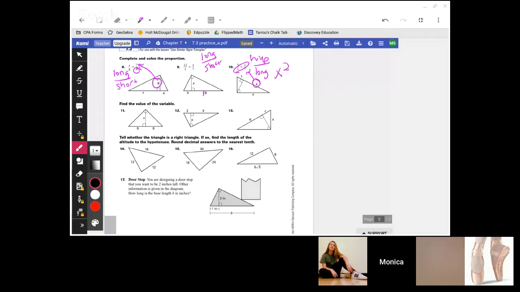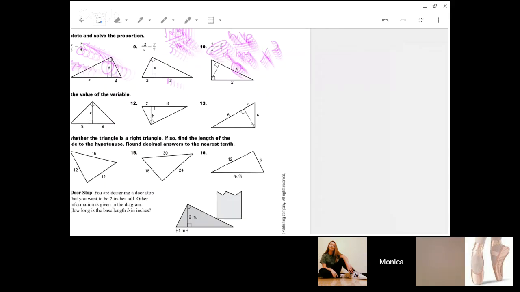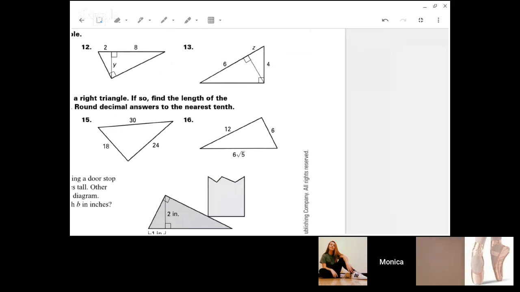So if we look at 16, let me see if I can zoom in a little bit. Okay. So looking at 16, we're supposed to tell whether the triangle is a right triangle. If so, find the length of the altitude to the hypotenuse, and then round decimal answers to the 10th. So first off, is it a right triangle?